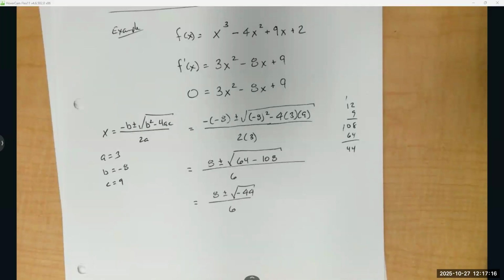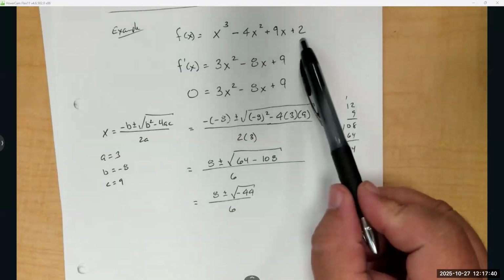So what is this going to tell us? No, the y-intercept is 2.